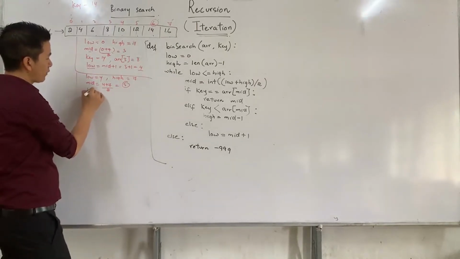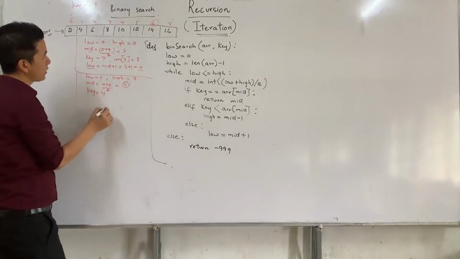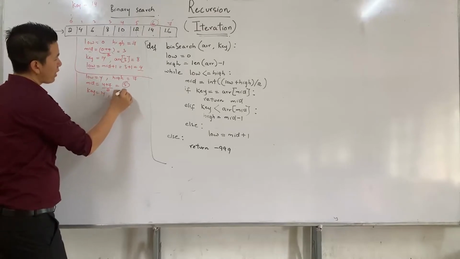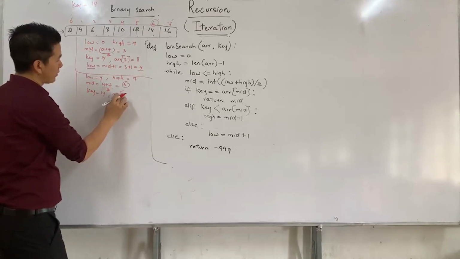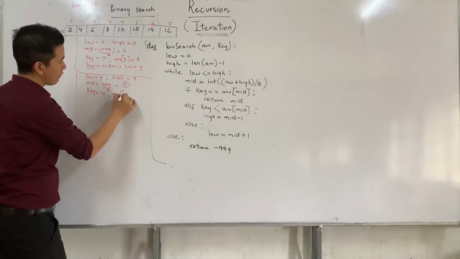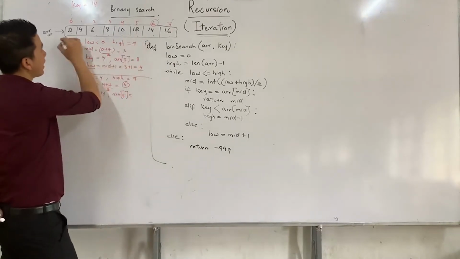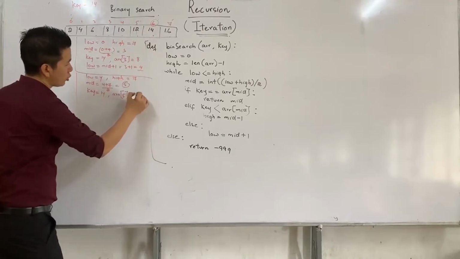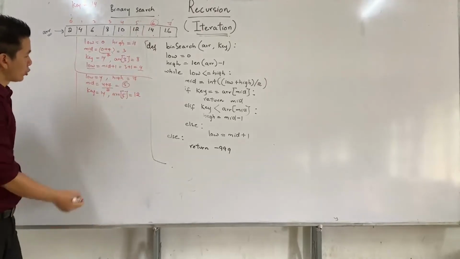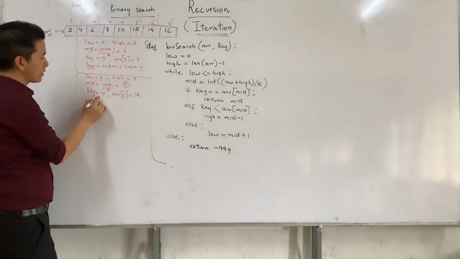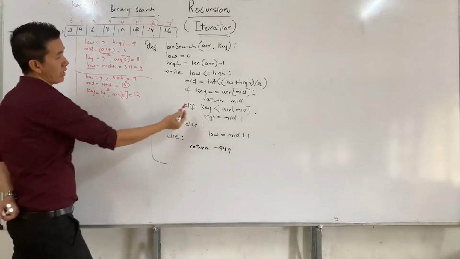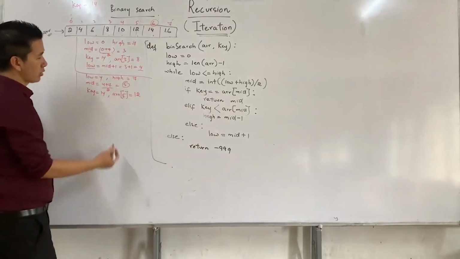The value of key is again 14. The new value of mid is 5, so ARR of mid is equal to 12. ARR of 5 is 12. So again, let's do the comparison. Are 14 and 12 equal? Certainly not.